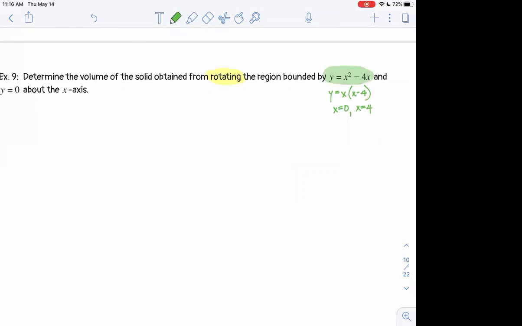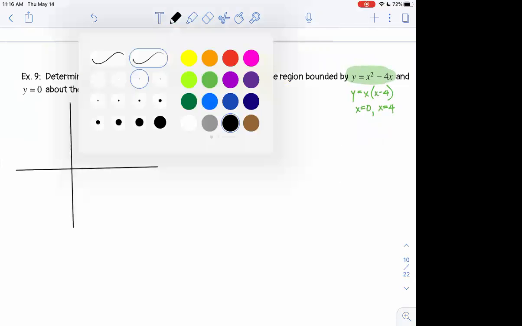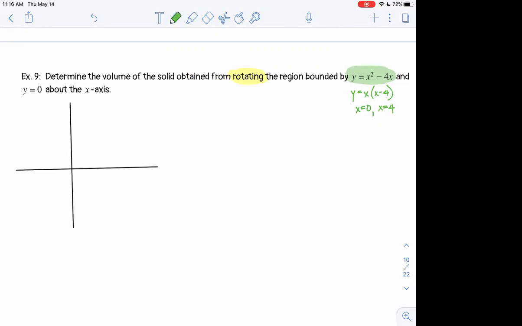And so I'm going to draw a parabola on my graph. Okay. And this parabola is facing up, so I know it goes like this and then like this. And again, if I don't really know how much of the graph I need, it's probably better to draw too much and then erase what you don't need than to draw too little and not be able to see what you want.